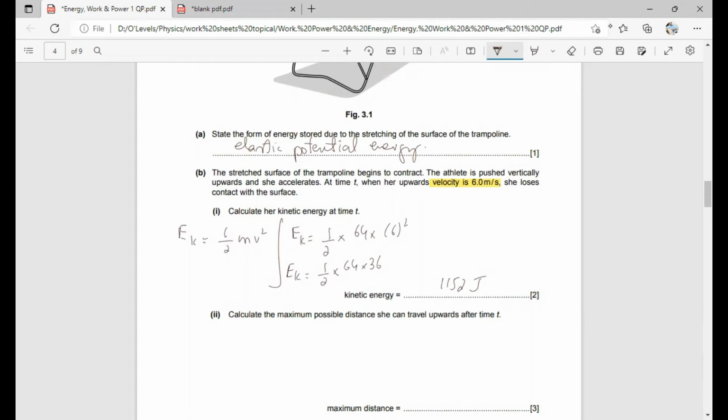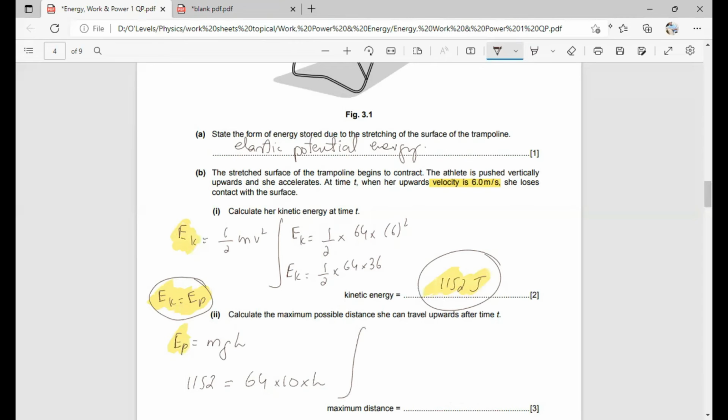So definitely we will go with the energy formula, mgh, and we will use this energy as per the concept that kinetic energy must be equal to potential energy. So here 1152 equals 64 into 10 into h.